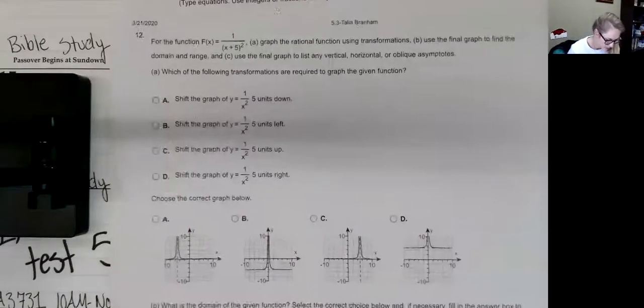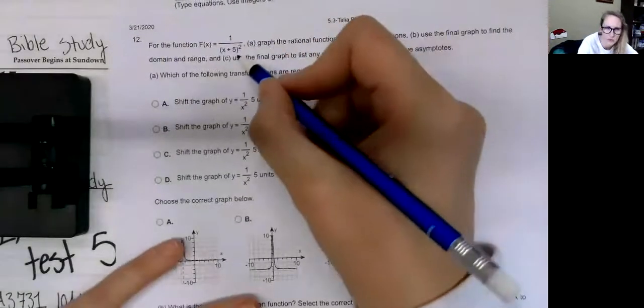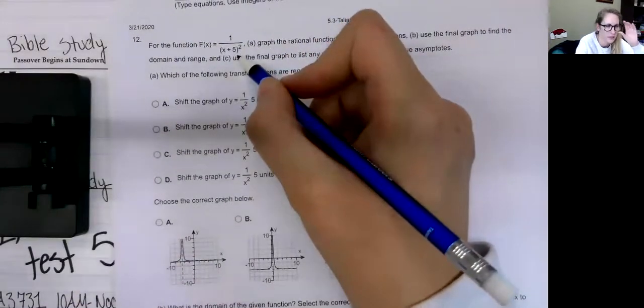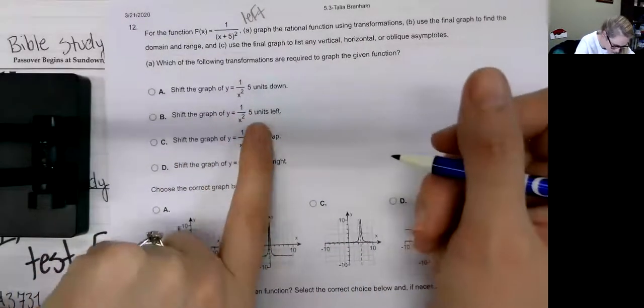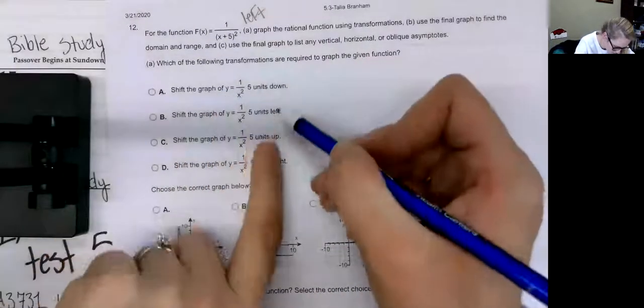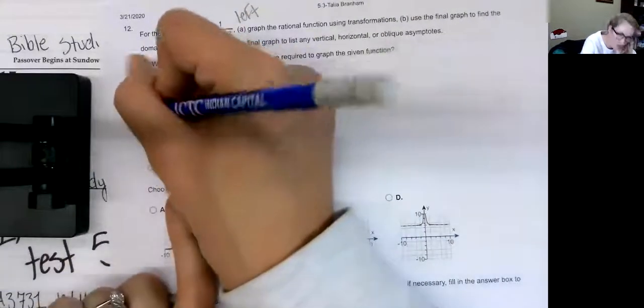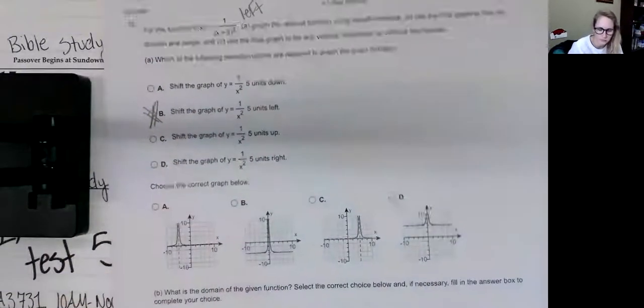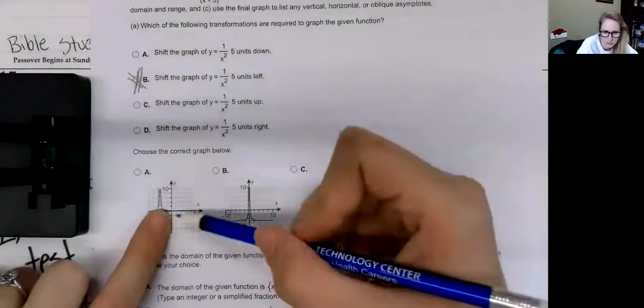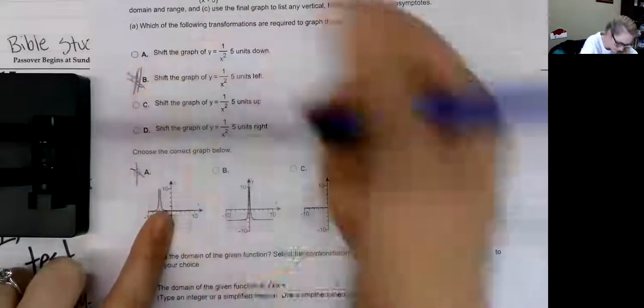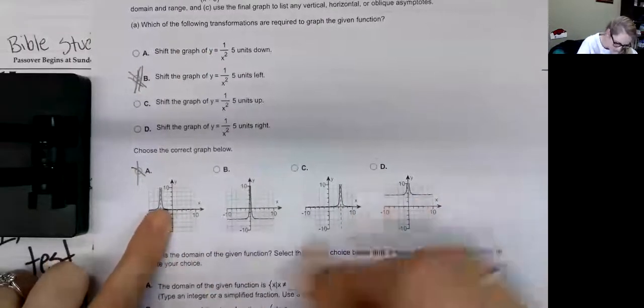12. Now this one's on the inside, it's plus 5. Remember when we had them on the inside, it's opposite, so this means left. So shift down, left. Okay, so left, so this one's ours. This one down, right, up.